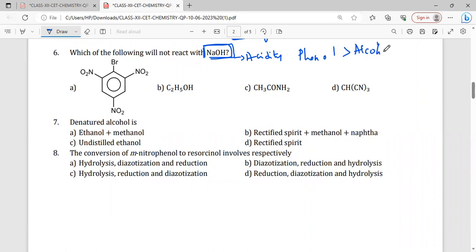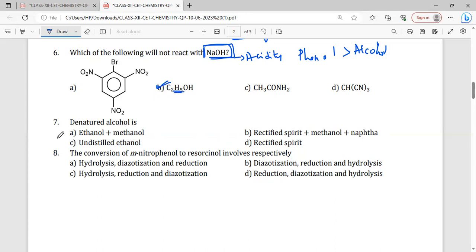But when you treat alcohol with sodium hydroxide, alcohol is not acidic enough to react. So this will not react with sodium hydroxide very easily. It has to be your alcohol, C2H5OH.